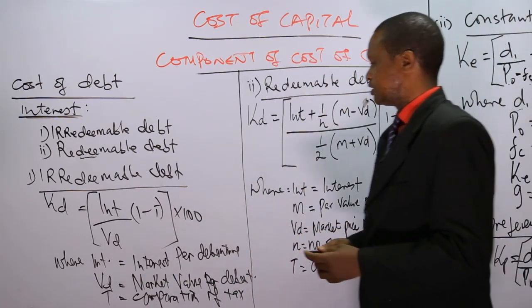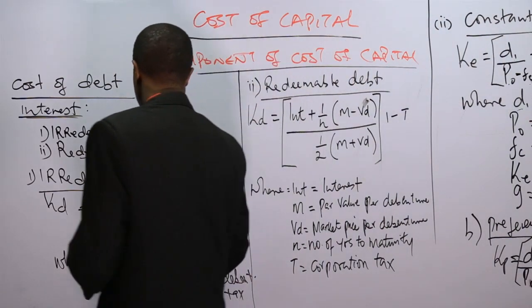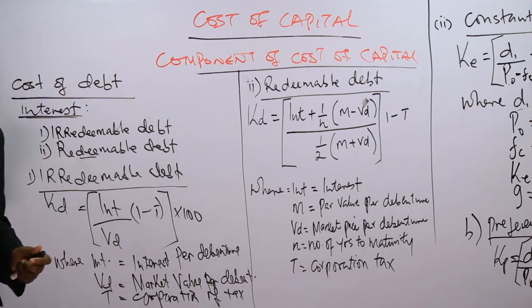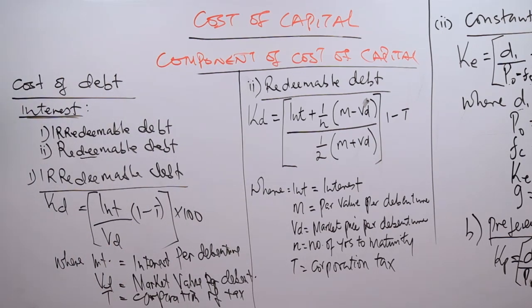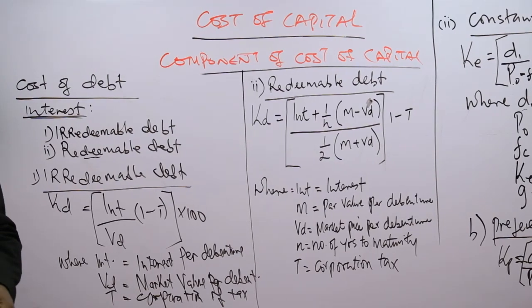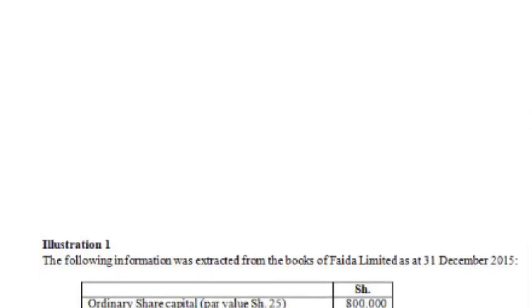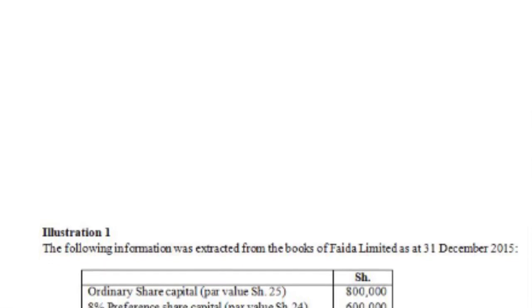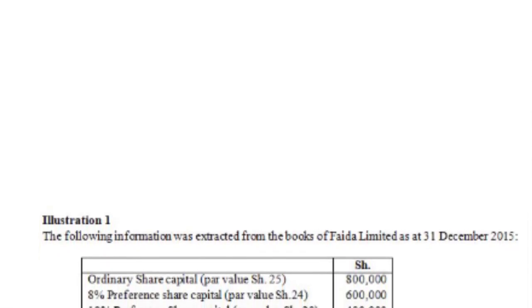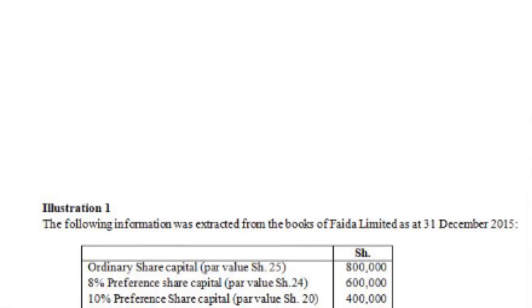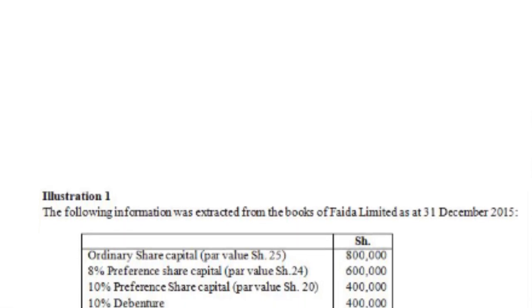So now we will proceed and consider an illustration. It reads as follows. The following information was extracted from the books of Faida Limited as at 31st December 2015.